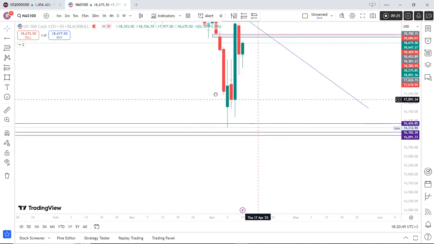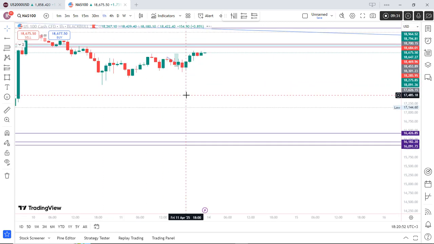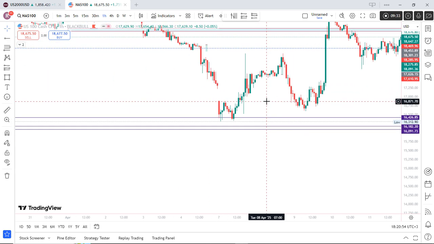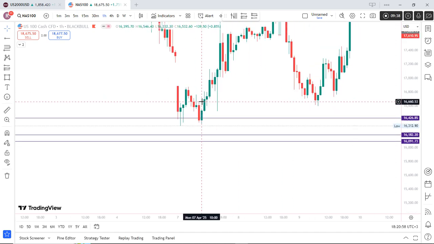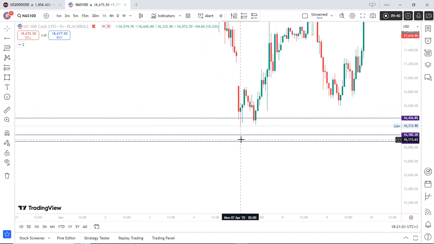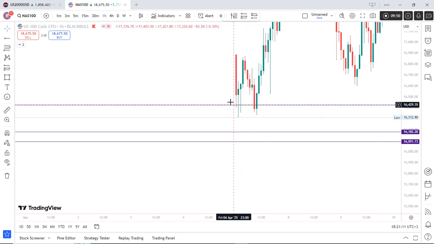right? So now we are moving on into a lower time frame, which I prefer the hourly. Okay, right. I want you to take a look at how beautiful the price action was right here. This is Monday still. This is Monday, the 7th of April, this last week that we're now ending, right? So take a look at how price reacted to that bottom of that bullish daily fair value gap.